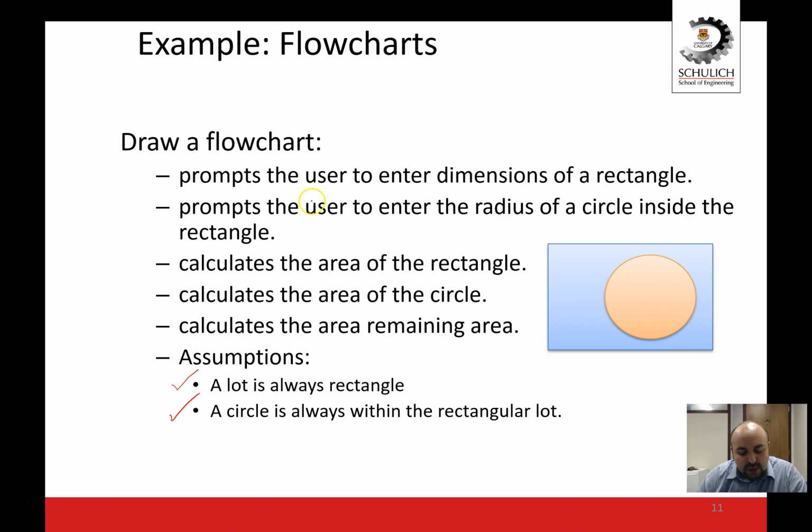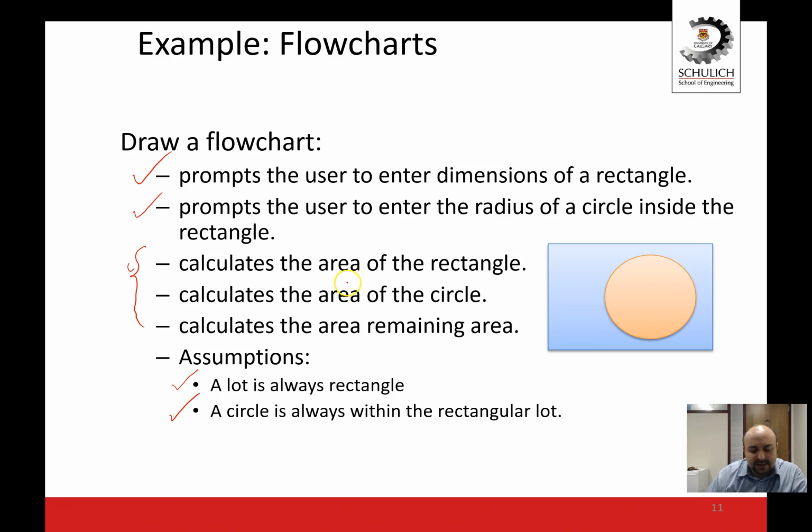And assuming this is pretty much our algorithm. So first of all, you prompt the user for the dimensions of a rectangle. Then you would prompt the user to enter the radius of the circle. So that's your input. You would calculate, and this is your processing, your calculations.